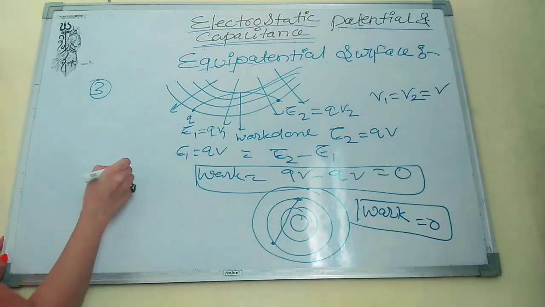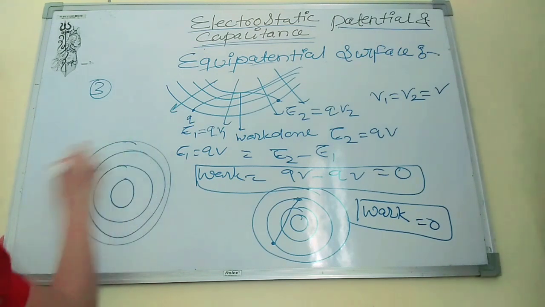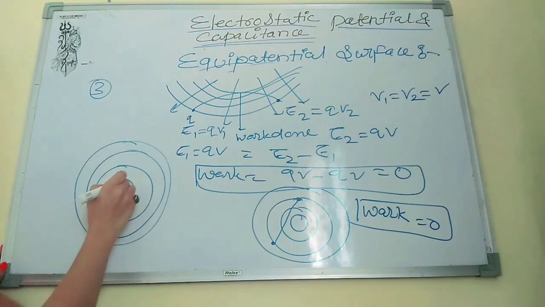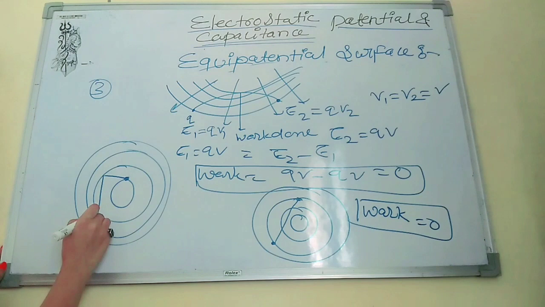Okay. Now suppose these are the equipotential surfaces. We are bringing any point charge Q from this point to this point, and then again we came back to this point.